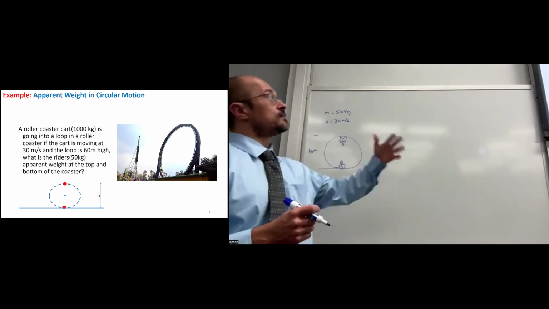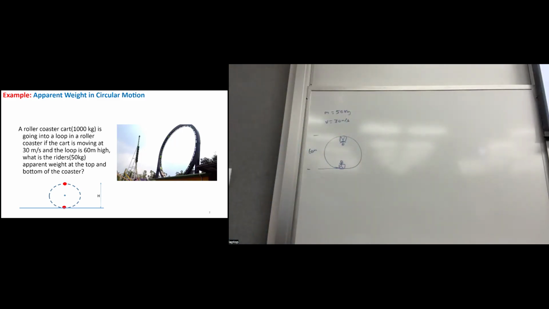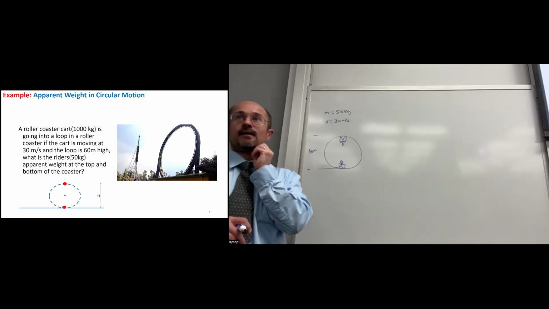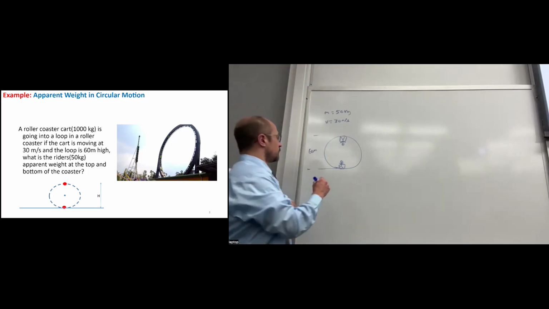When they ask for the apparent weight, what variable are they asking us to find? Remembering all the way back to chapter 5, the apparent weight is the normal force. That is how you experience your weight.